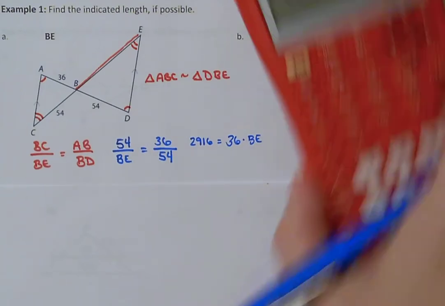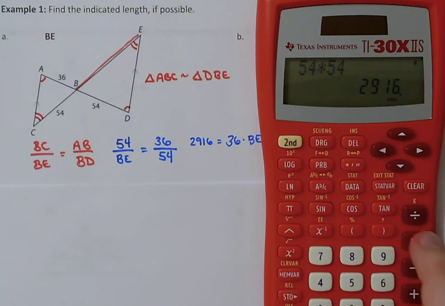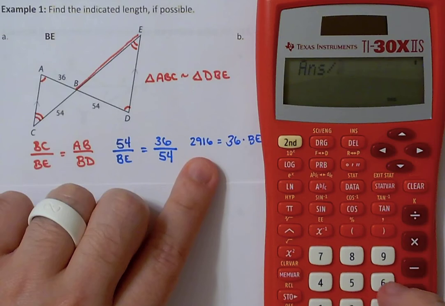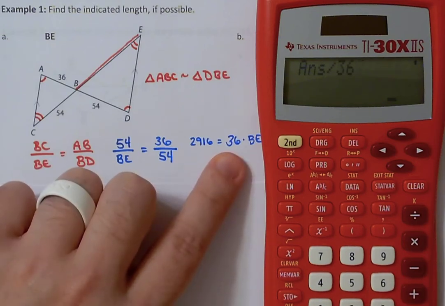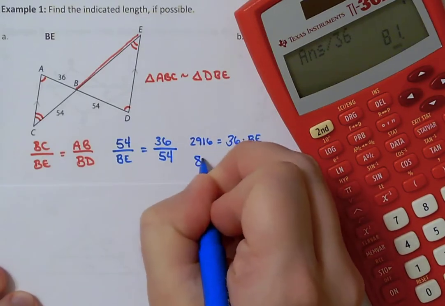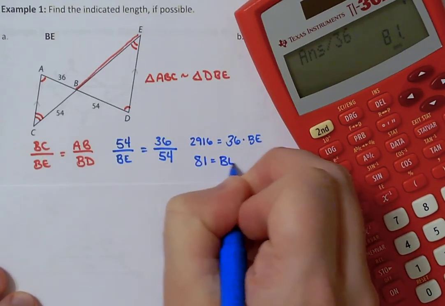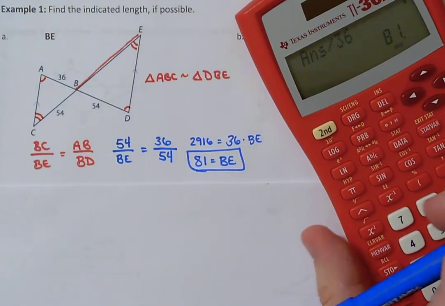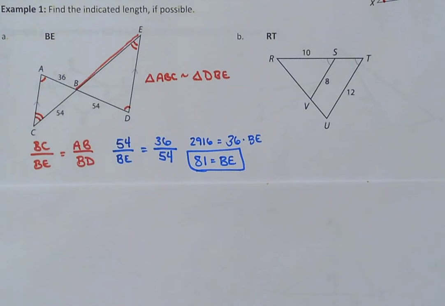Then all we have to do from here is divide: 2,916 divided by 36 gives us 81. So that means BE is 81 units long. After you have figured out that the two triangles are similar, you can set up proportions with the side lengths, cross multiply and divide to find the missing length.